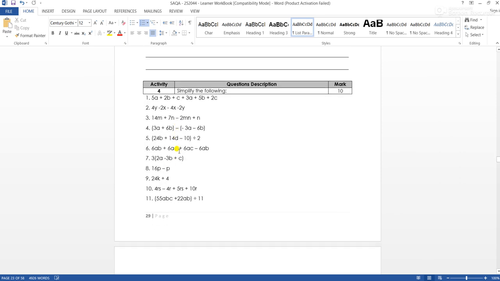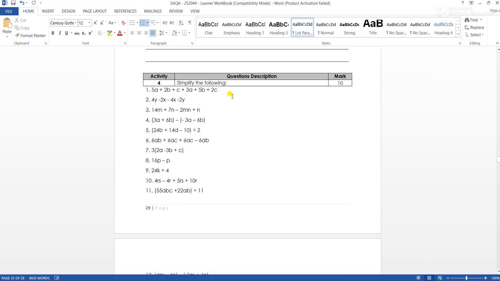Okay, activity 4, what you need to do, same as what we have covered in terms of adding your like terms and unlike terms. We need to simplify the following. In this instance, we've got our coefficient and our base. So our coefficient is the number, and our base is a.